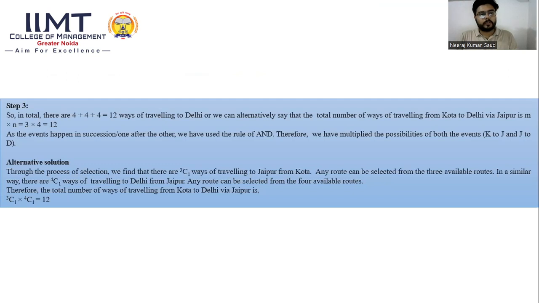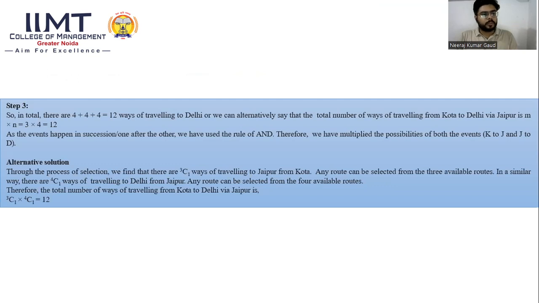Or we can alternatively say that the total number of ways of traveling from Kota to Delhi via Jaipur is m cross n, that is 3 into 4 equal to 12. As the events happen in succession, one after the other, we have used the rule of n. Therefore, we multiply the possibilities of both the events, K to J and J to D.